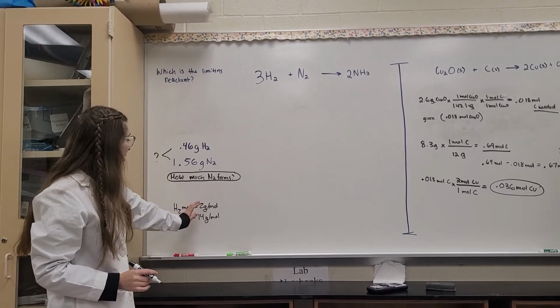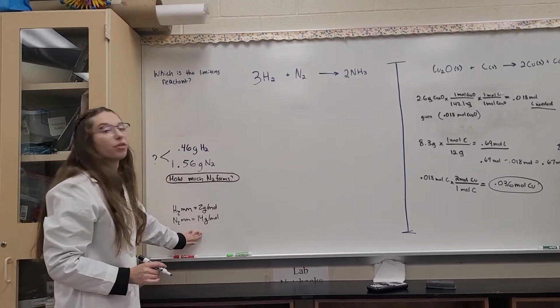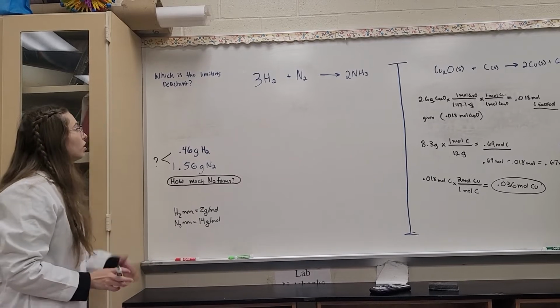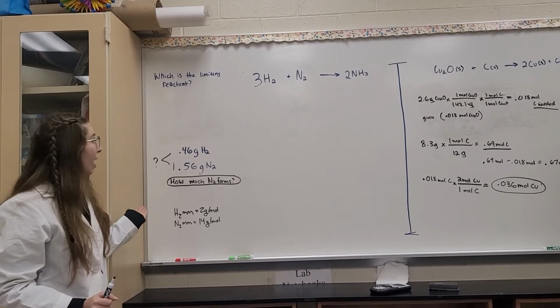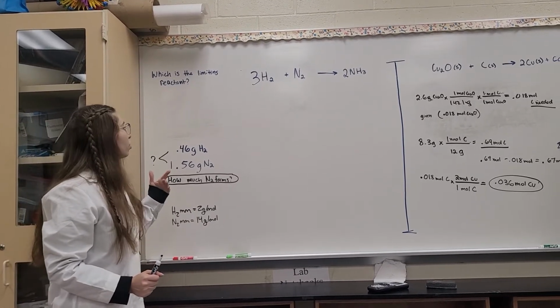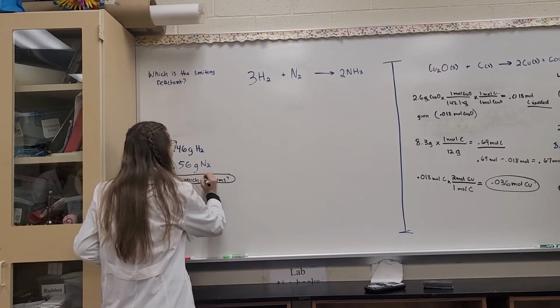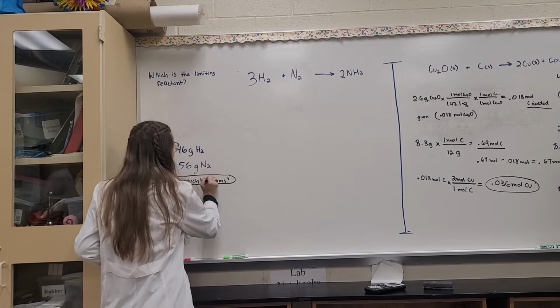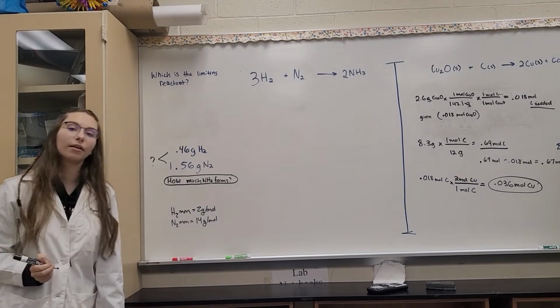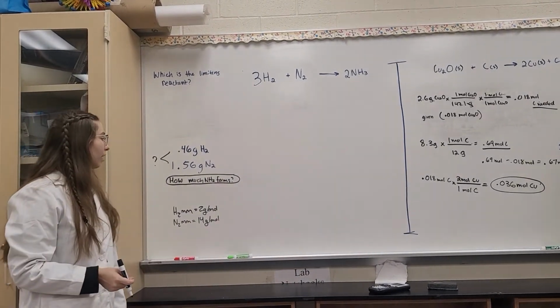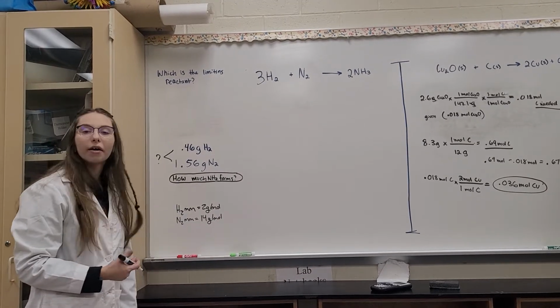Here are the molar masses of both that you can use. Start off with finding the limiting reactant, and then find how much NH3 forms. Now you have a second to pause the video, and when you're done, I'll explain everything to you.